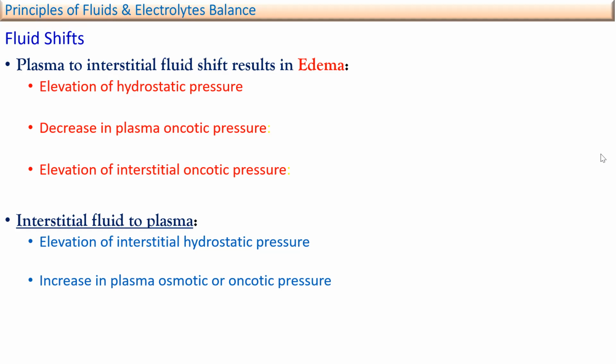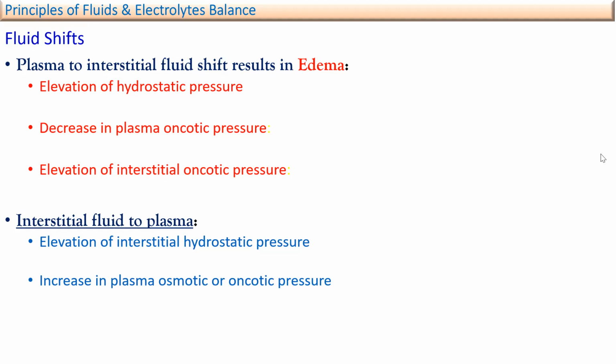So that's an elevation of the interstitial hydrostatic pressure by applying the TED stockings. It's direct pressure on the interstitial space to allow fluids to be pushed back to the blood vessels.